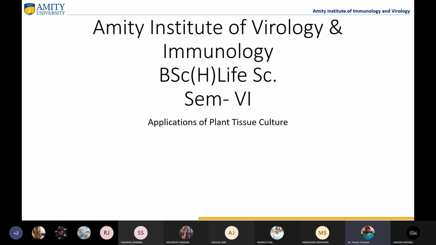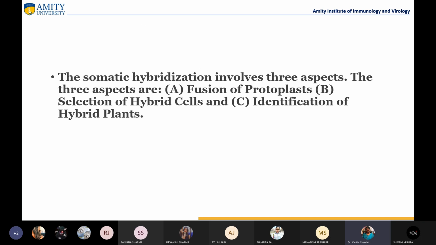When we talk about somatic hybridization, this technique involves three steps. First is the fusion of the protoplasts. Second, whatever hybrids we get out of the fusing protoplasts, we need to select those hybrids.